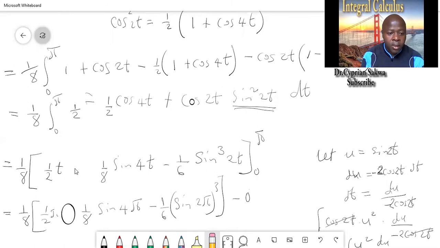So this is supposed to be negative. Then you use your calculator.